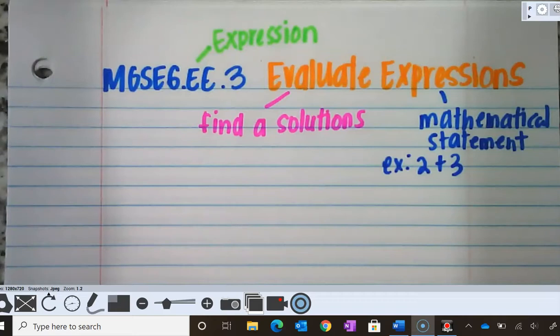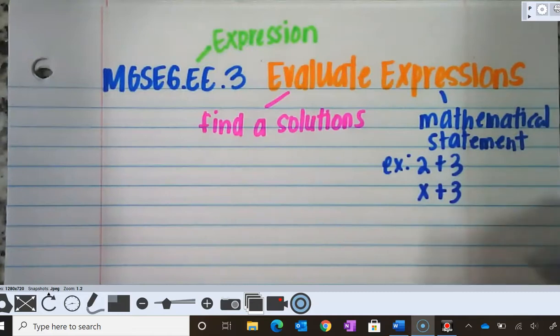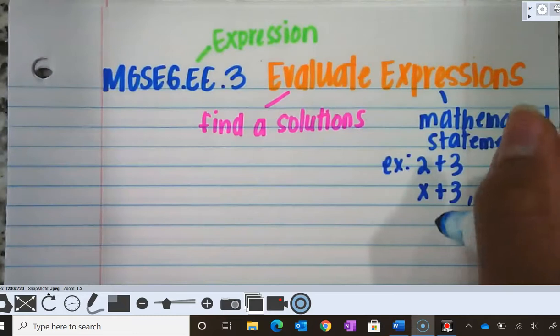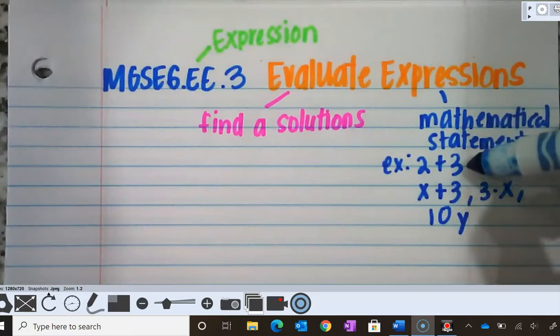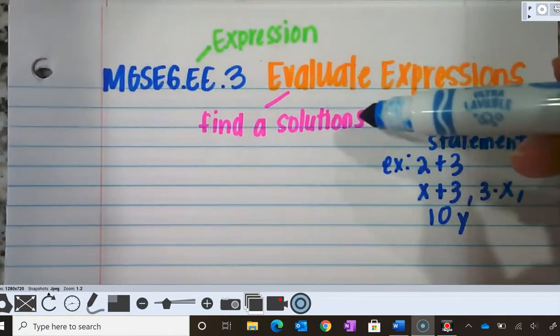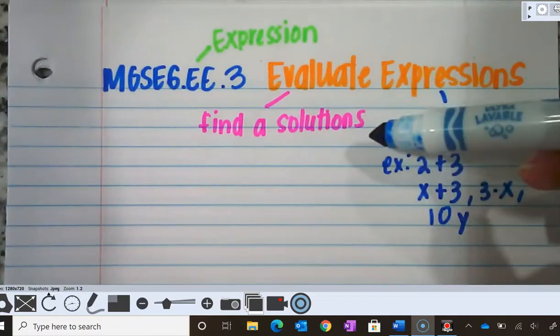Now, an algebraic expression would be something like x plus 3, or 3 times x, or 10 times y. So these are some examples of expressions, whether numerical or algebraic. Now, we're just going to be evaluating expressions, algebraic expressions, and finding solutions.